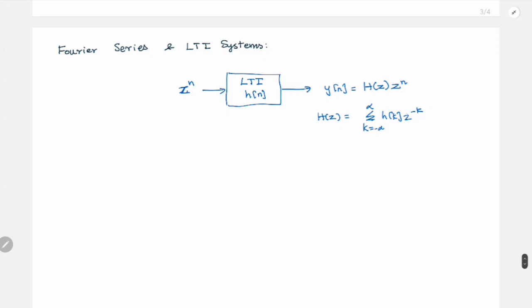So this is true for any complex exponential. So we can just substitute z equal to e power j omega. And in this case, since we are considering a periodic complex exponential, we can write k times 2 pi by N, which is nothing but k omega naught, equal to e power j k 2 pi over N. So then my H of e power j k omega naught will give me summation k equal to minus infinity to infinity h of k e power minus j k omega naught.